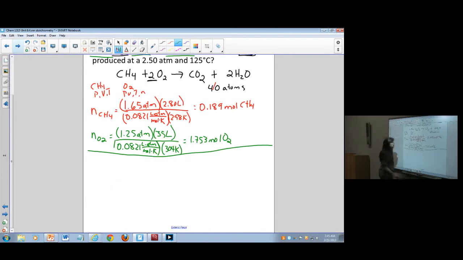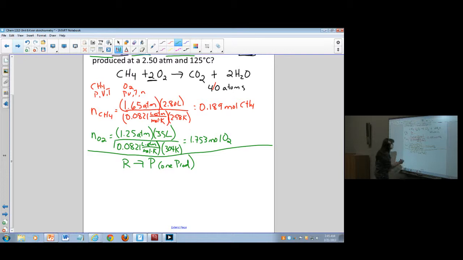So I've got to convert now from our reactants to one product, so I can compare and decide which one gets the least amount.